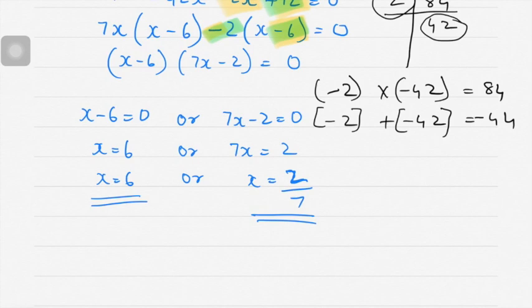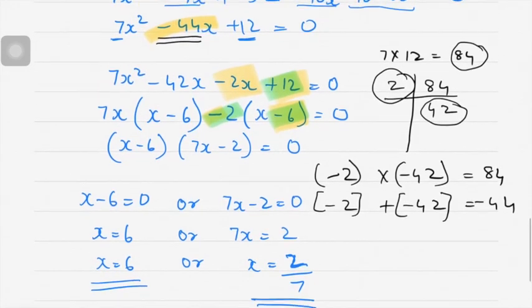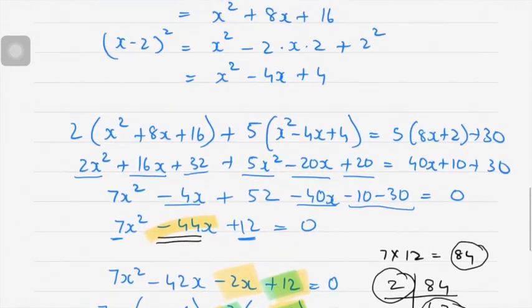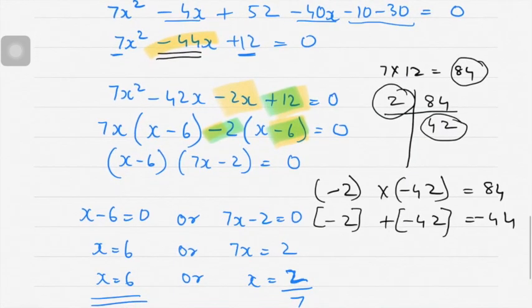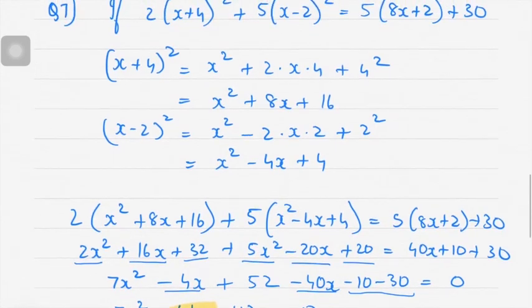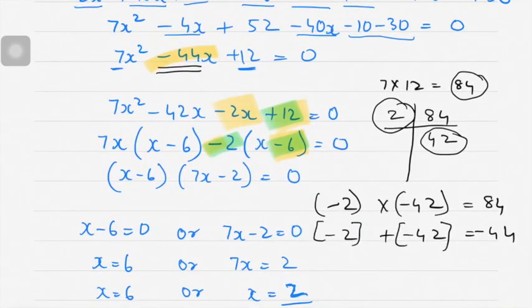Okay, any one is the correct answer. So you write only this much: x is equal to 6 or x is equal to 2 by 7. Okay, when you verify, at least one will come as a right answer. So this is the better way to solve the 7th sum.